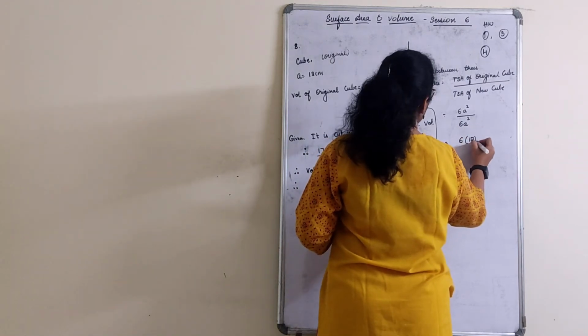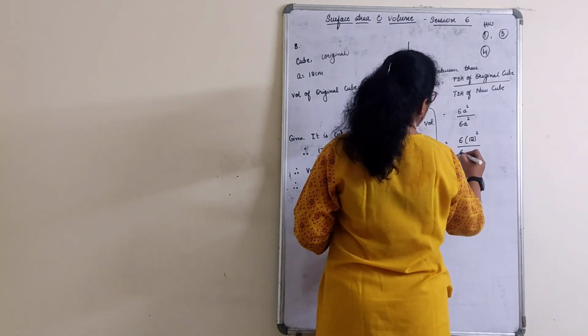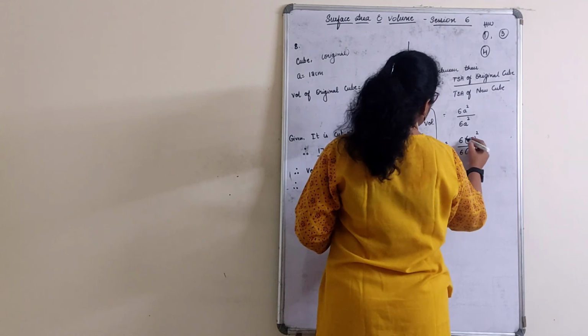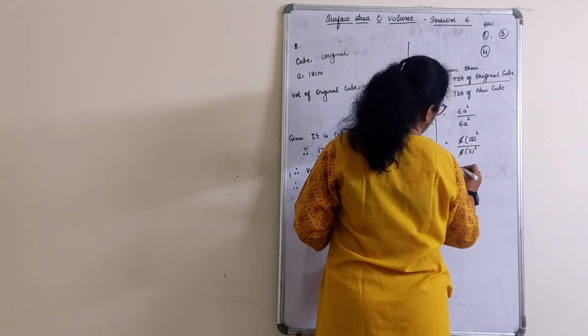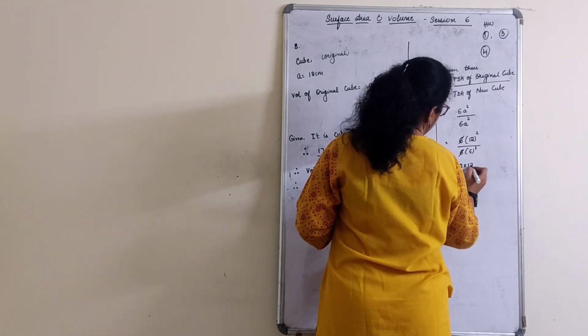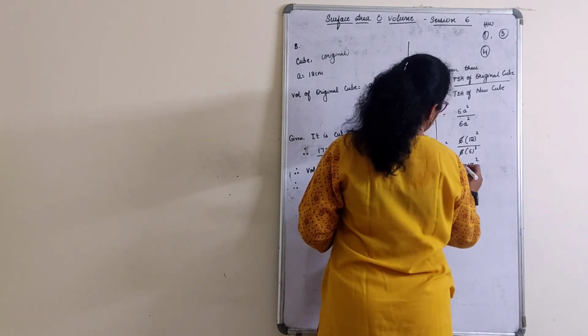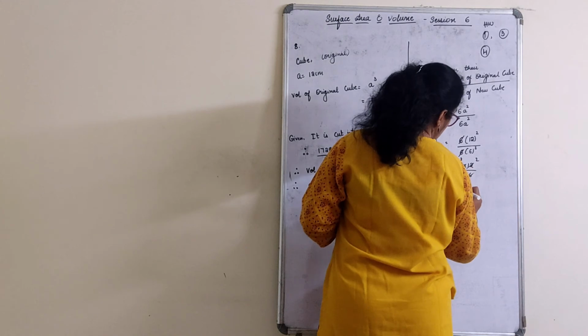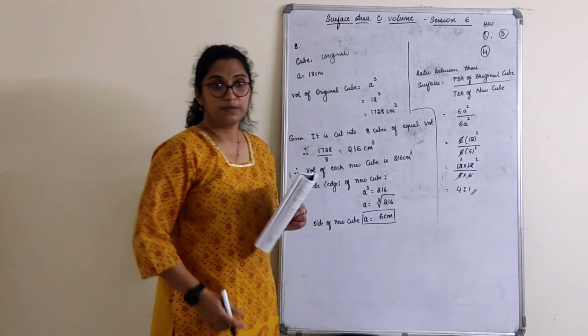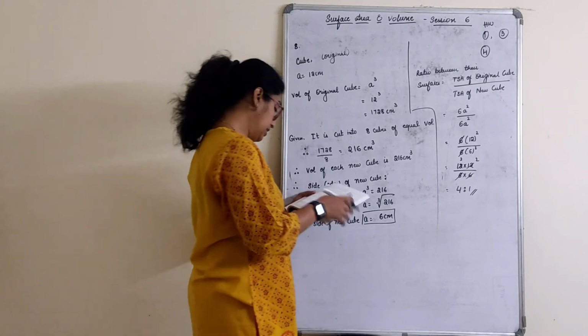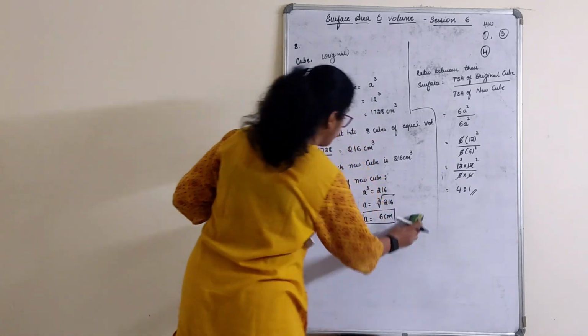So this is 12 square divided by 6 into 6 square, cancel. 12 into 12 divided by 6 into 6. 6 ones are 6, 6 twos are 12. So the ratio is 4:1. Clear? And the last one.